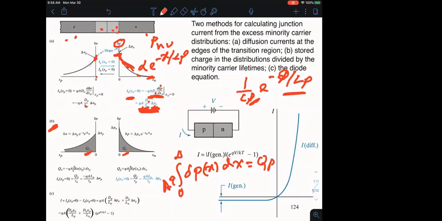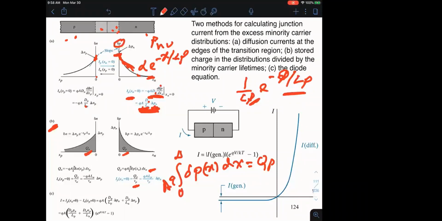Now in the so-called charge control model, what you say is, I'm establishing a steady state excess charge distribution Qp. Injected holes are recombining with the lifetime of tau p. That's your generation recombination lifetime.